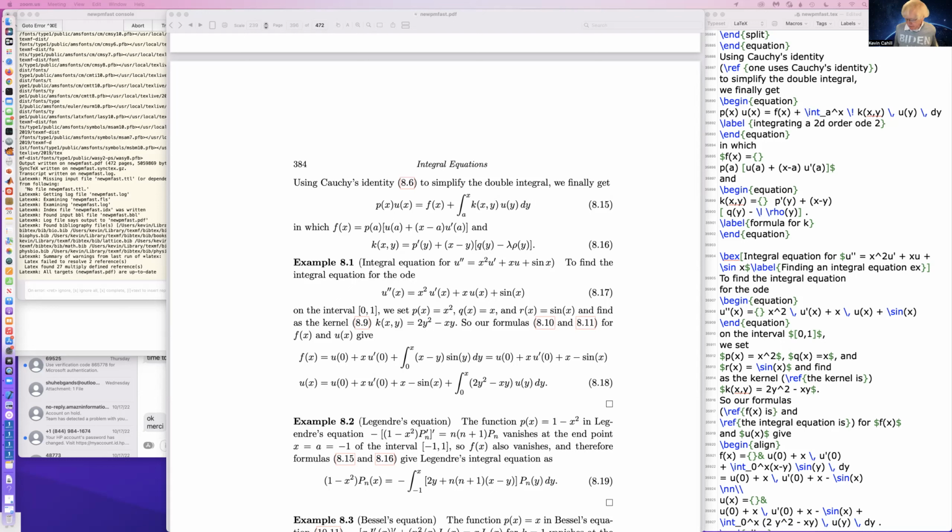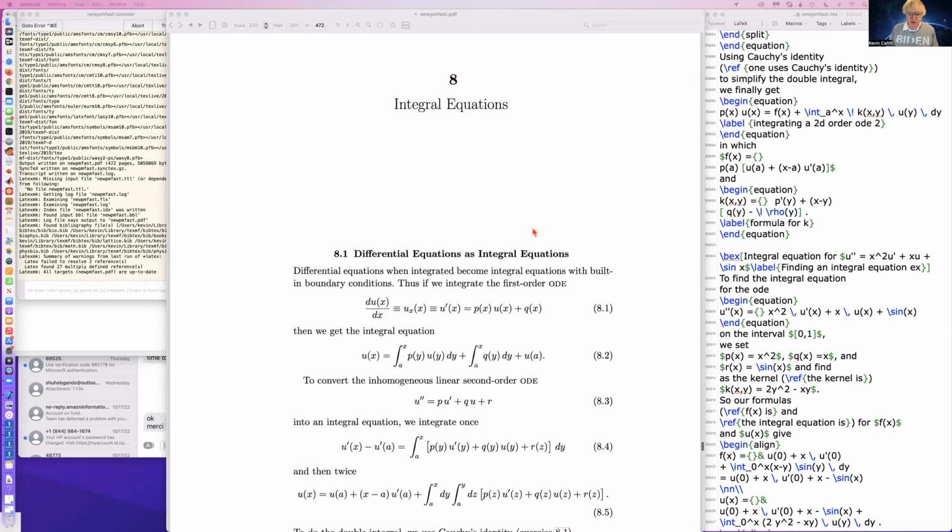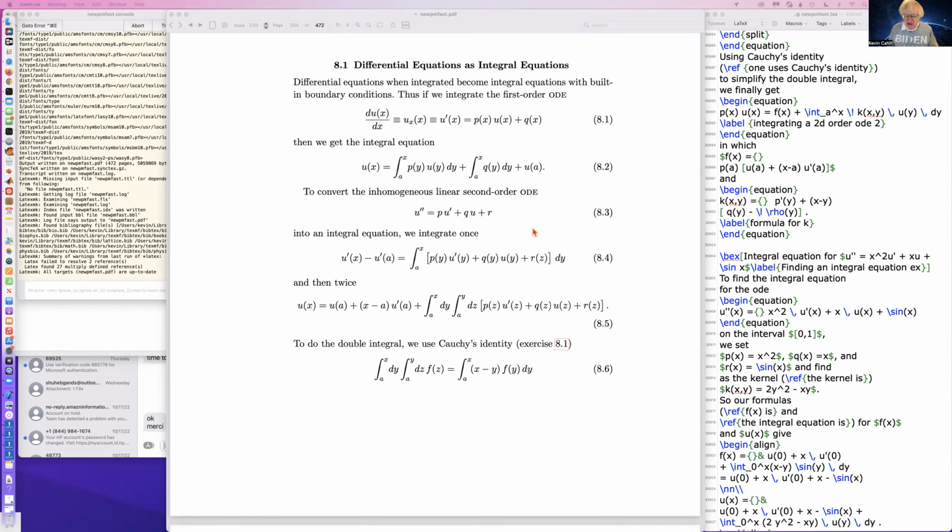Well, let me start by saying that this business here of integral equations can be confusing. The reason it can be confusing is that, for example, in this particular case, we've got u of x and p of x and u prime of x and so forth.